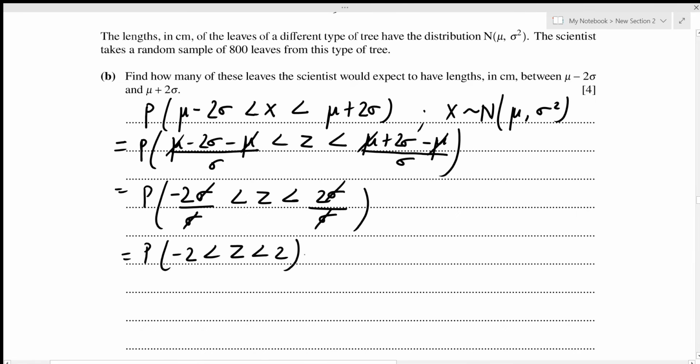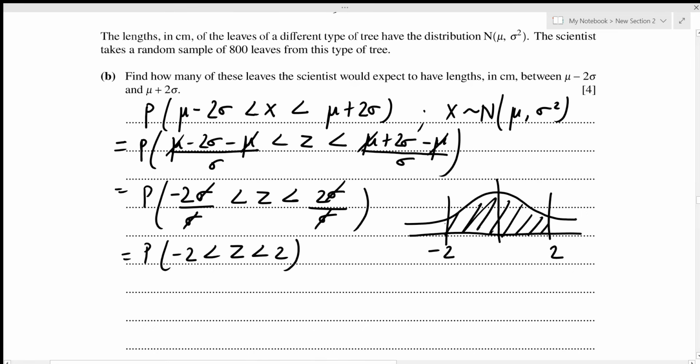So we're just finding out this probability. Let's just draw the probability distribution. So 2 is somewhere around here, and here. We need to figure out this area. Since we know the symmetry property, this area is going to be equal to this area. So if we figure out the area for this portion and multiply it by 2, we're going to receive the required value.